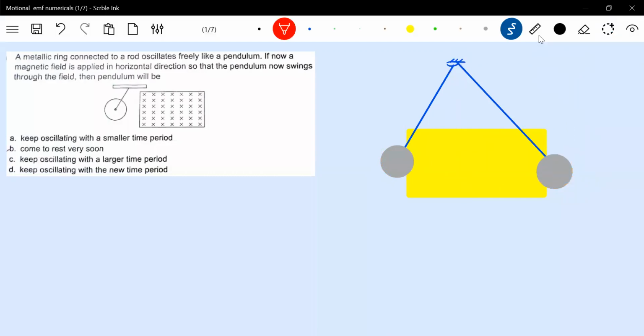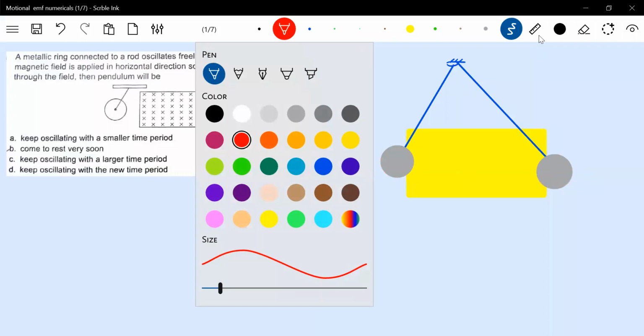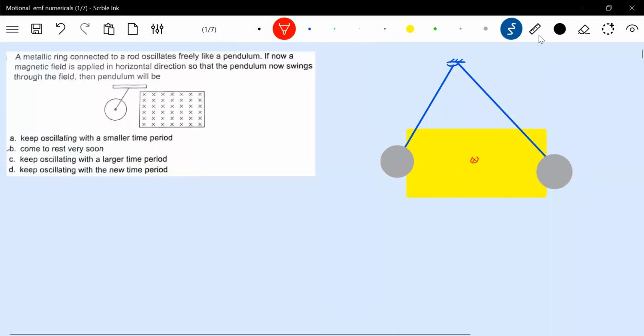So will there be any eddy currents? Yes, definitely there will be an eddy current. Here B bar is into the plane everywhere. In this region there will be an eddy current, and as it is leaving, in this region also there will be eddy current. So what about the direction of eddy current? Here again negative flux increases, d phi by dt, negative EMF induced positive. The direction of eddy current should be anti-clockwise. So altogether there will be a retarding torque.